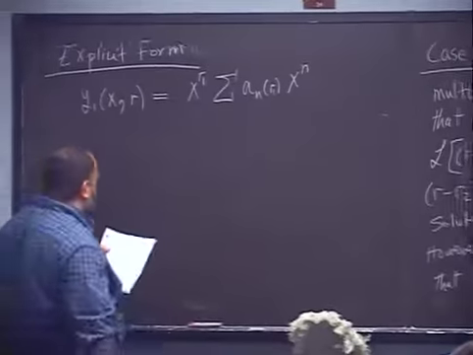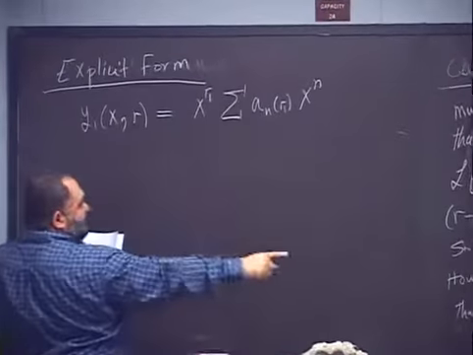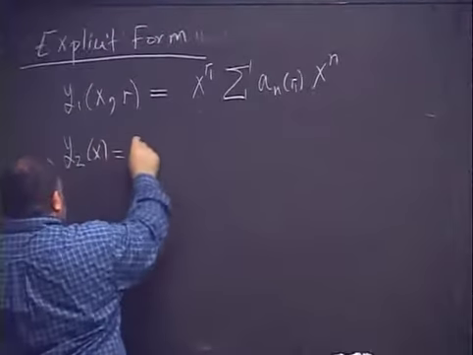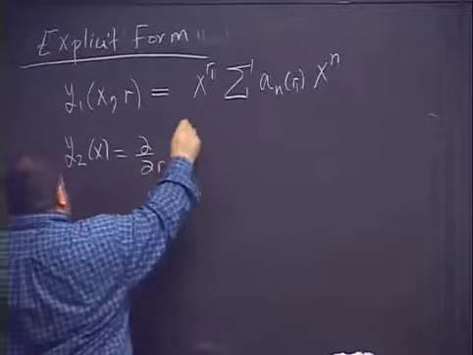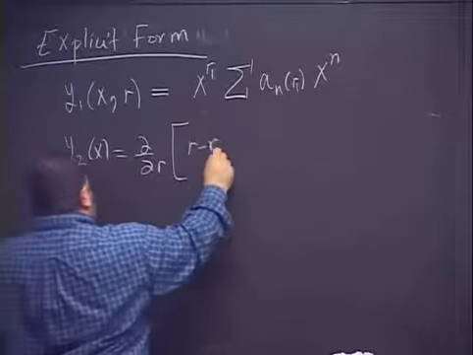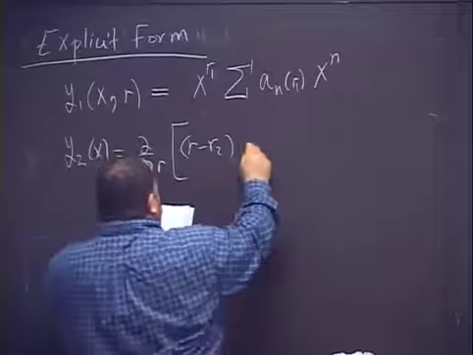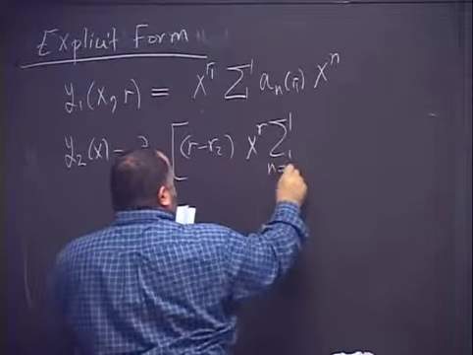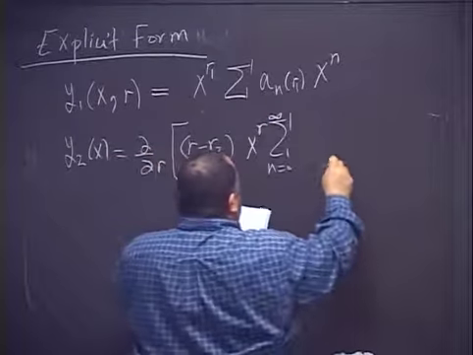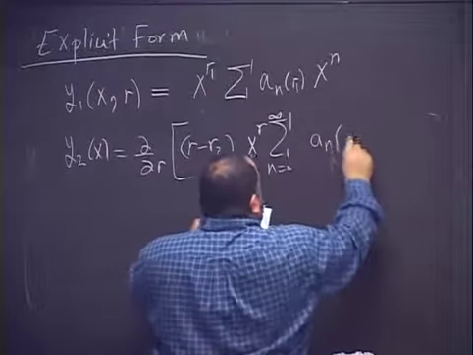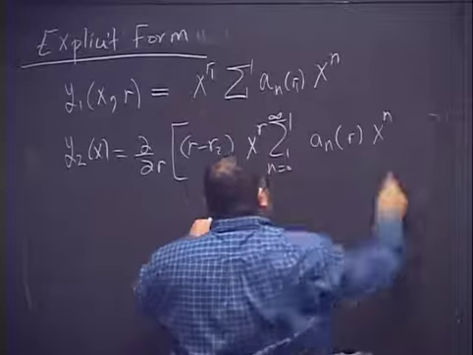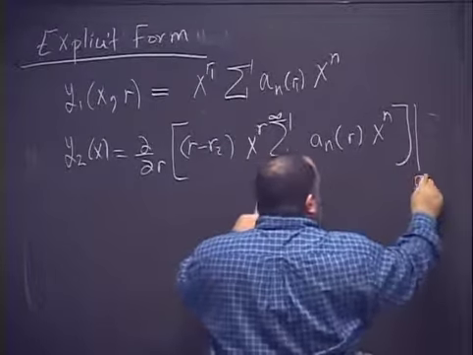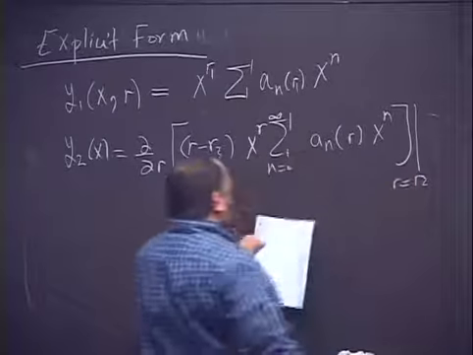And Y2 of x is just d by dr of (r minus r2) multiplied by x to the power of r, summation from n equal to 0 to infinity of an of r x to the power of n, and this is evaluated at r equal to r2.